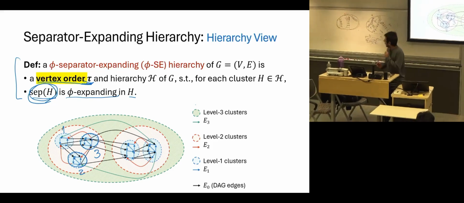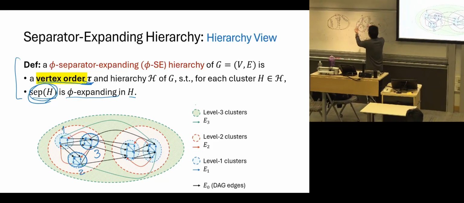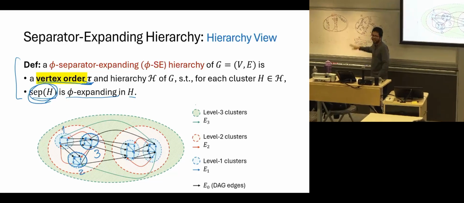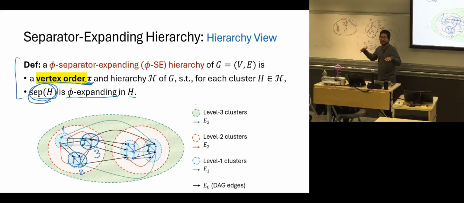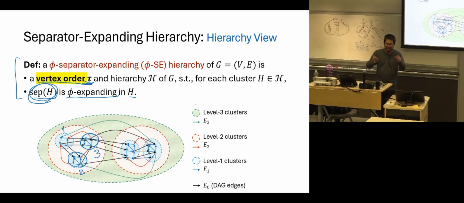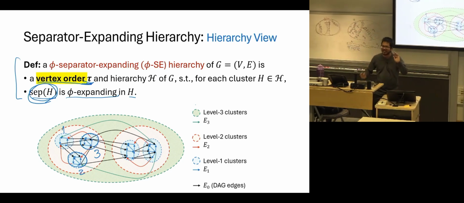Once you remove all the color edges, basically the black edges are like E0, the edges at the lowest level, which itself is an expander because it's a DAG. It's an expander in the sense that each component is expanding.